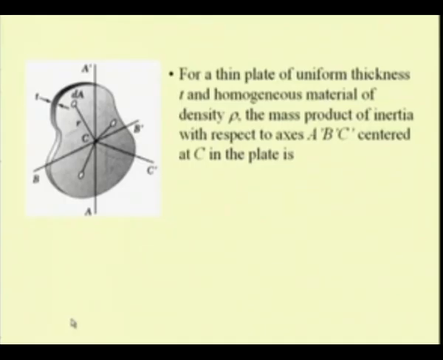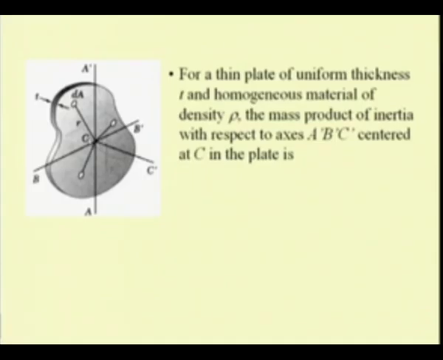Now, let us discuss how we go about finding the product of inertia. So, here we are taking again the same plate, again it is having a homogeneous material. So, this density rho does not vary and thickness is also constant. Let us now try to find the product of inertia with respect to this axis A prime, B prime, C prime, which is the centroidal axis for this plate.